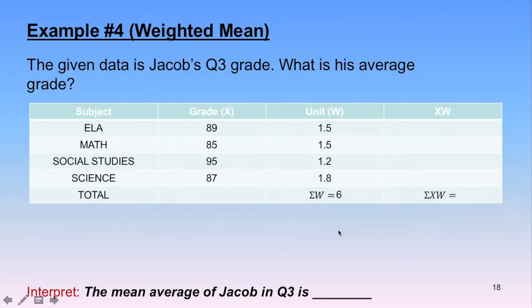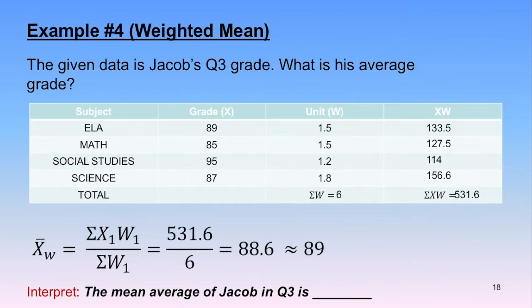Next is multiply the grade and the weight. 89 times 1.5, 85 times 1.5, 95 times 1.2, 87 times 1.8 is equal to 531.6. After that, plug it in the formula, and we have 531.6 divided by 6 is 88.6, or round up to 89. So therefore, the mean average of Jacob in quarter 3 is 89.